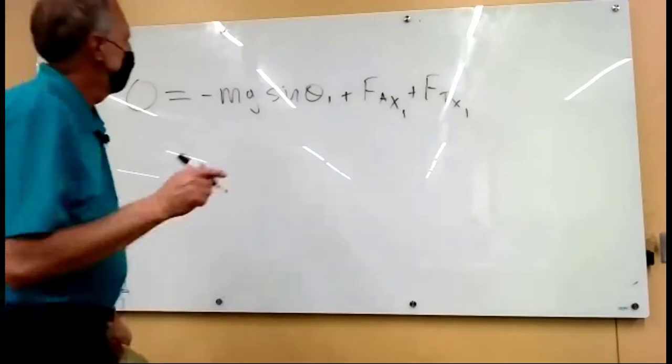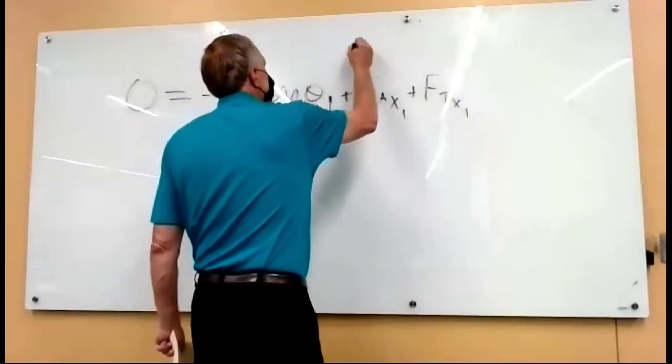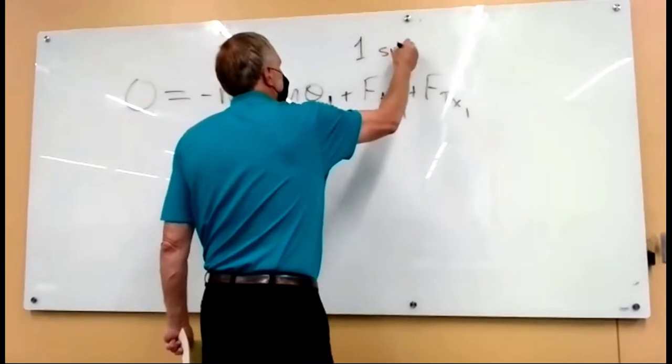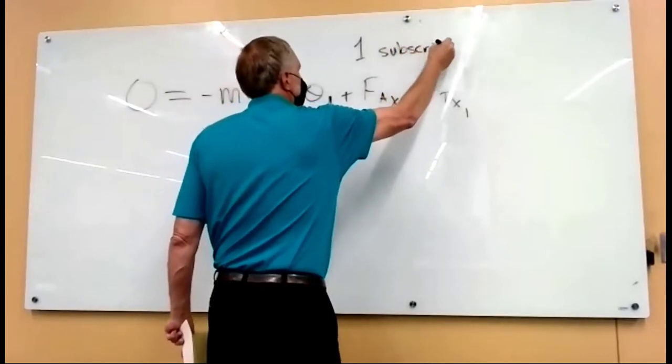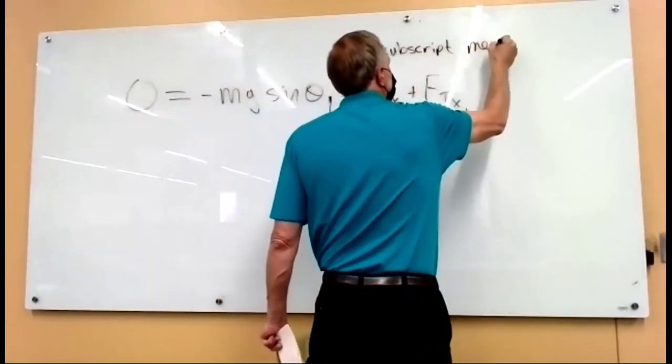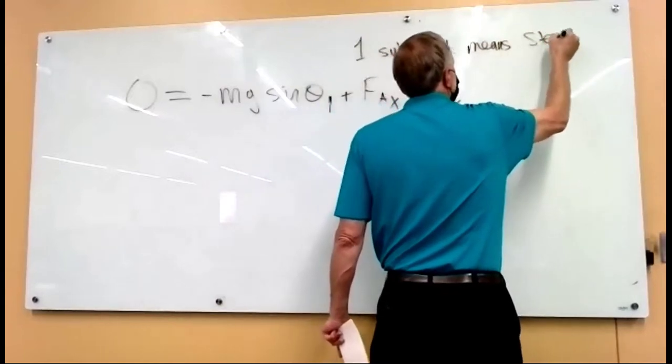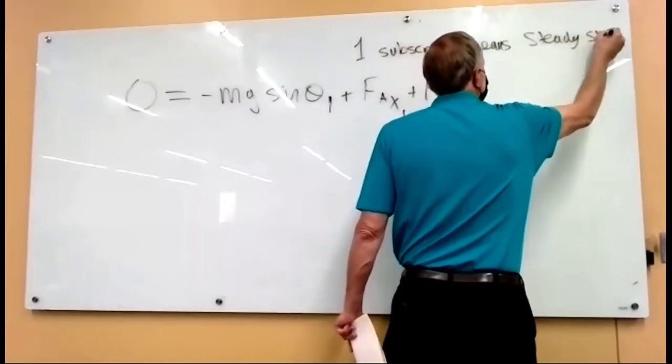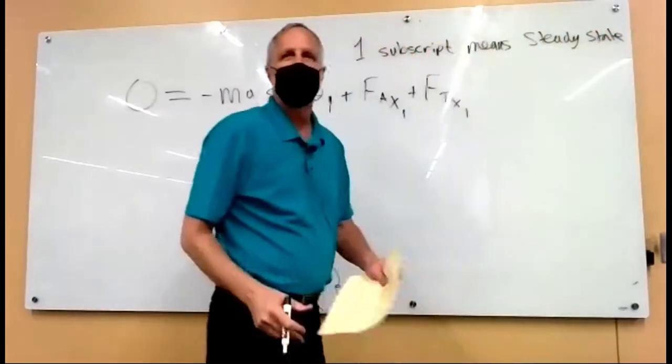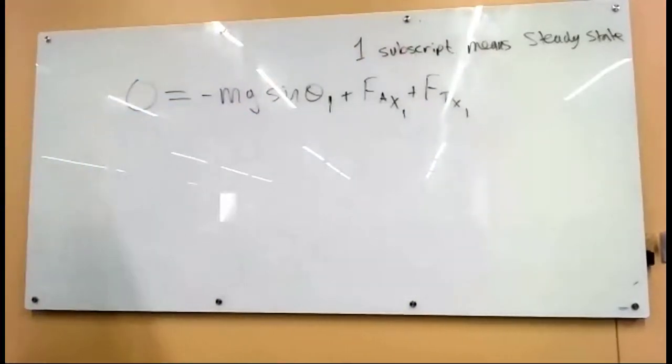So I apologize, I forgot that, but a 1 subscript means steady state. So those steady state equations, the full ones that I showed you, if you notice, all have those 1 subscripts, that's what that means.